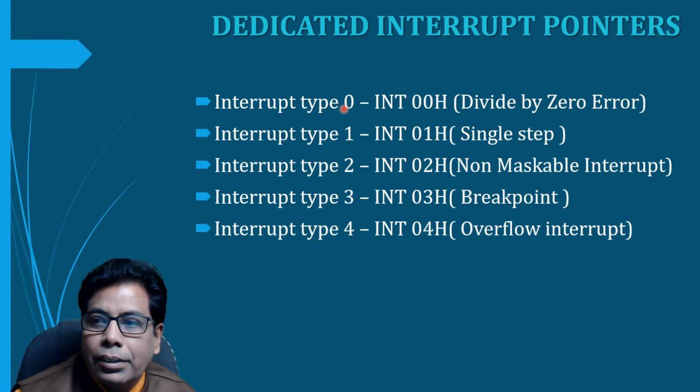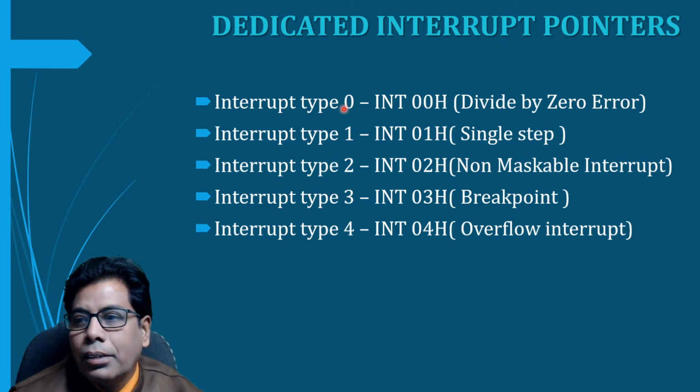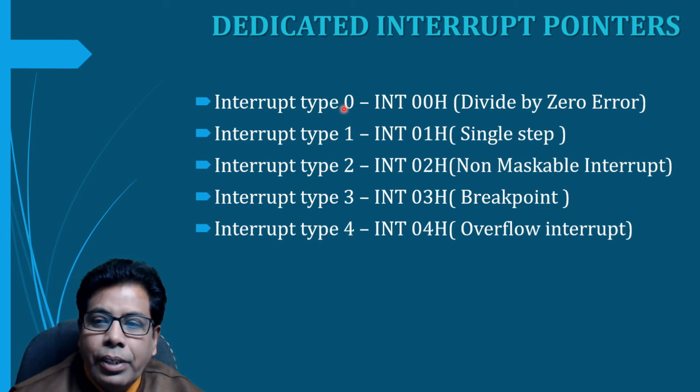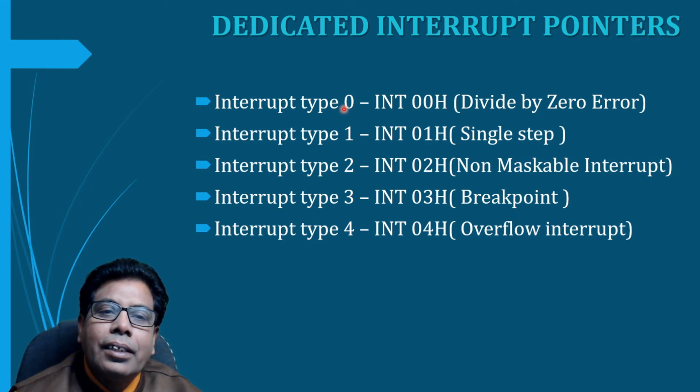So whenever there is a division by 0, or if the result of a DIV or IDIV operation is too large to fit into the destination register, at that time this error will be generated, and this will initiate the interrupt INT 00.